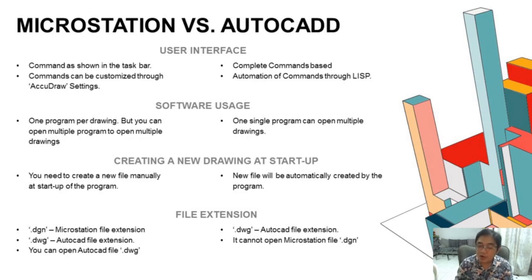In AutoCAD, whenever you open the program or an AutoCAD file, only a single program is opened, and within that program there are multiple drawings open. However, in Microstation, only one drawing per program can be opened. However, you can open multiple programs to open multiple drawings.